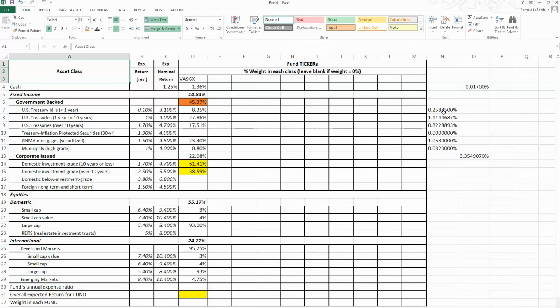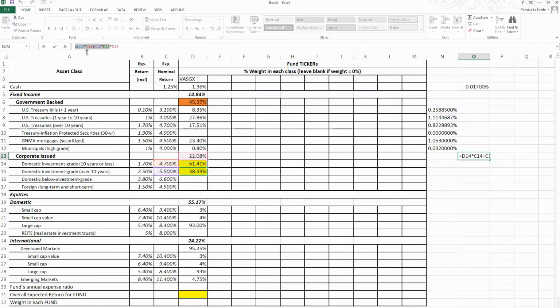Now I need to do the same thing to these numbers that I did to this number. So let's talk about exactly what I did to get this 3.35. I weighted each of the domestic or corporate issued classifications by their weight and multiplied by the expected return, and I summed them.